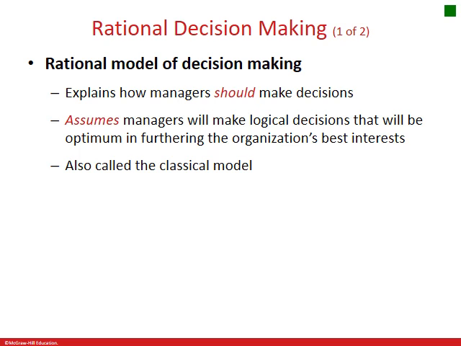The rational model of decision making explains how managers should make decisions. It assumes that managers will make logical decisions that will be optimal in furthering the organization's best interest. This decision-making model is also called the classical model, and typically there are 4 stages associated with rational decision-making, and we are going to discuss those on the next slide.